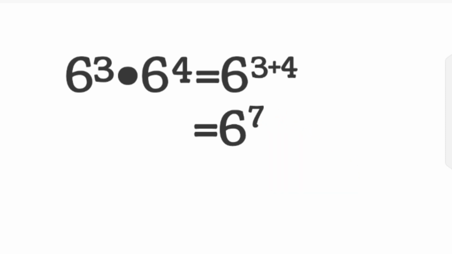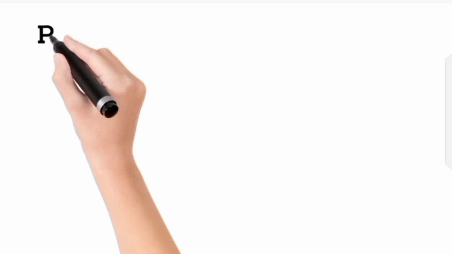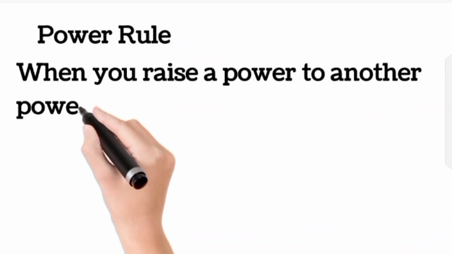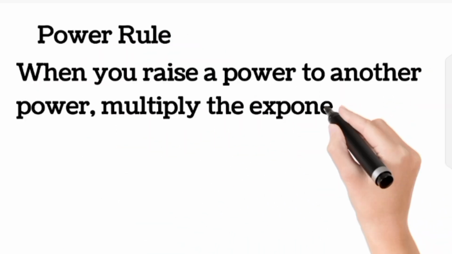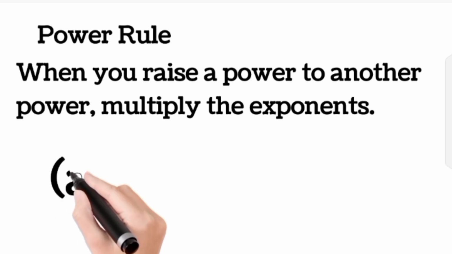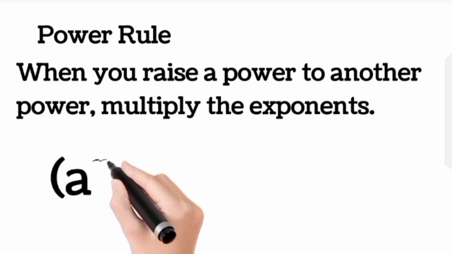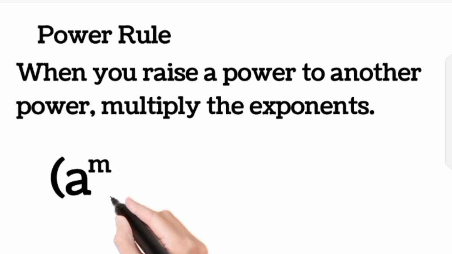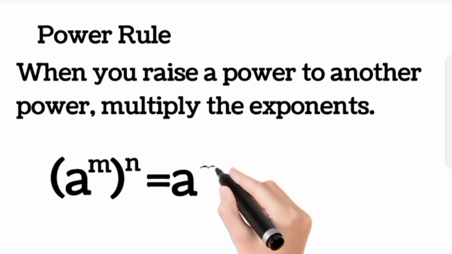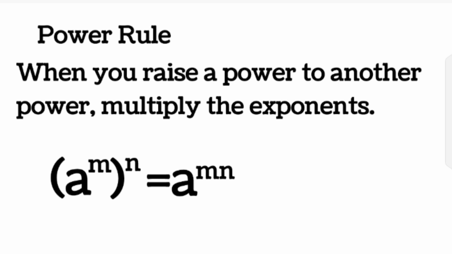Now the power rule. When you raise a power to another power, multiply the exponents. For example, the formula here: a to the power m, raised to the power n, equals a to the power m times n.